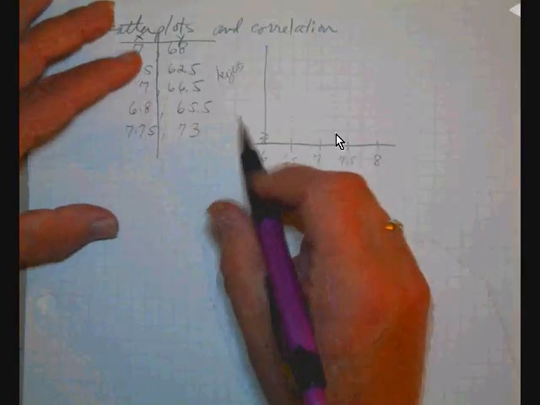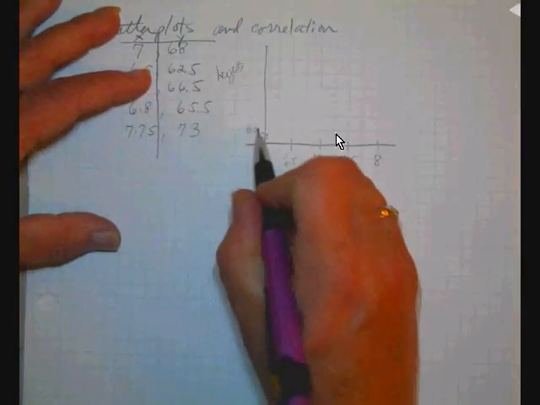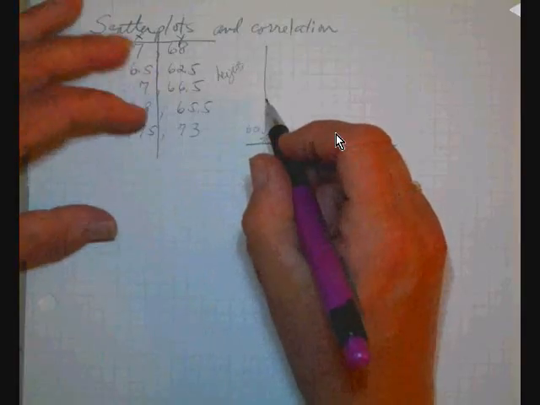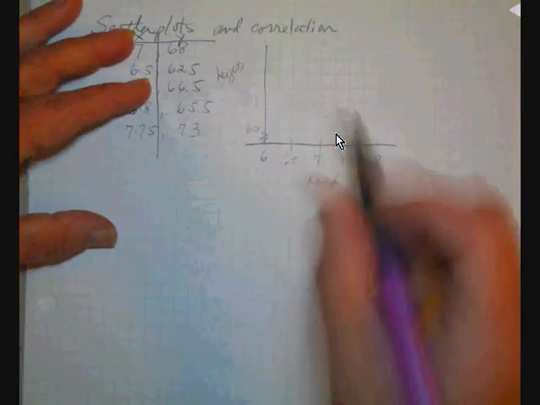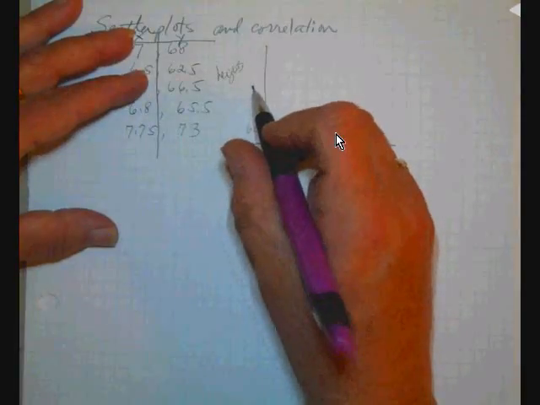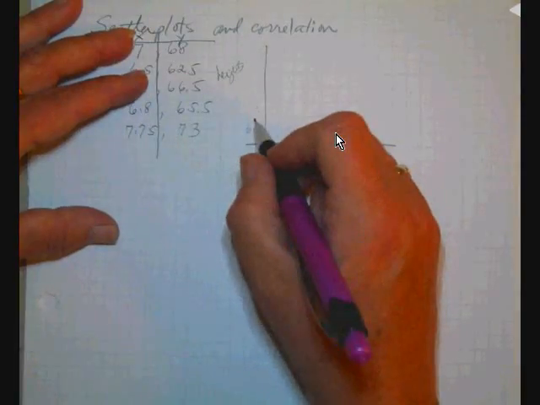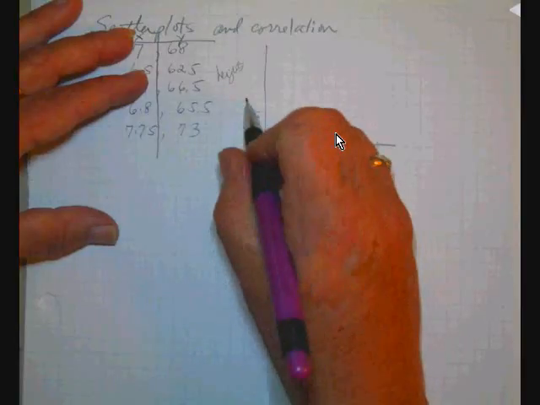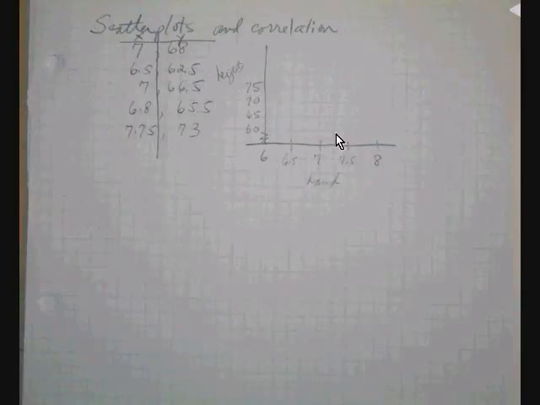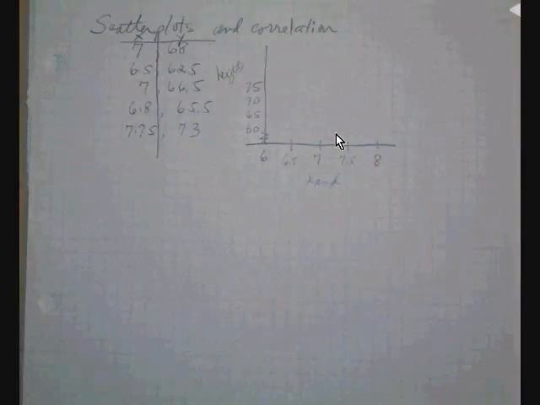Let's start at 60. I've got to get all the way up to 73, so 65, 70, 75, I guess is what I'm going to do. A little squished. It would be nice to have one more data point there, but it didn't work out very evenly, so I didn't do it.